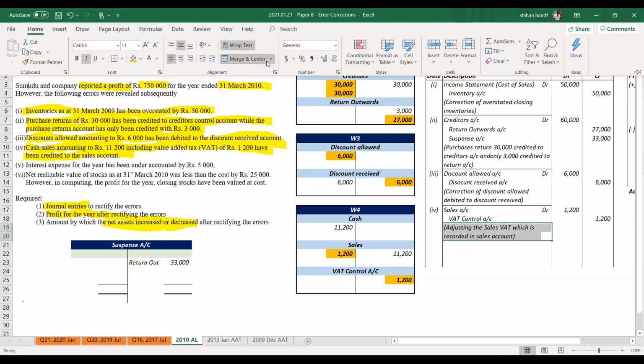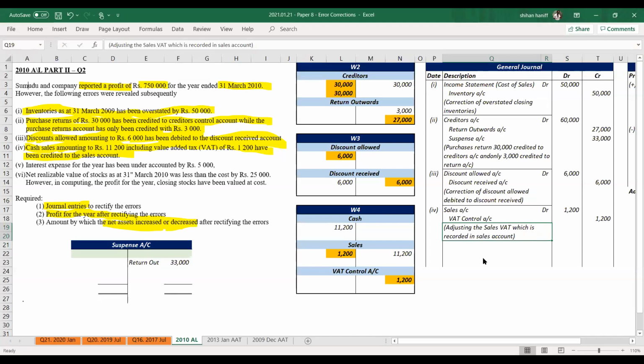Adjusting sales VAT, which is recorded in the sales account. So there are two types of VAT, input VAT and output VAT.